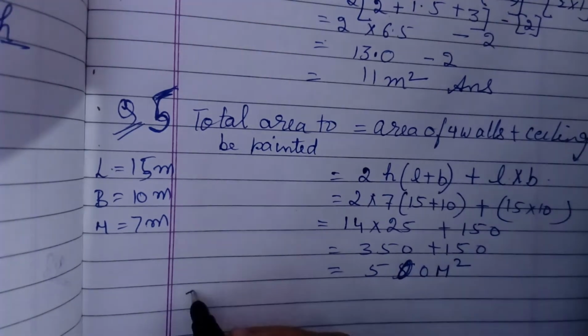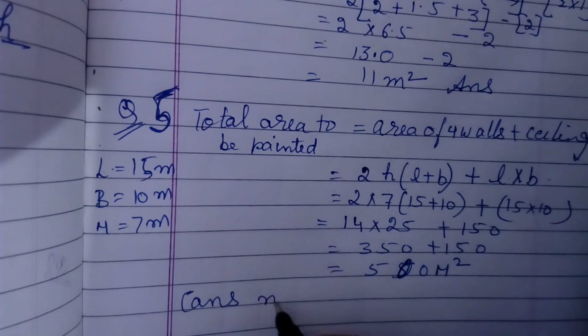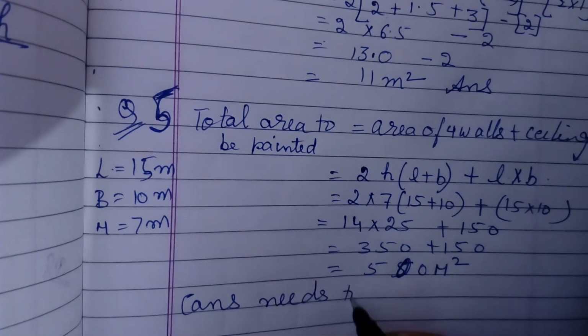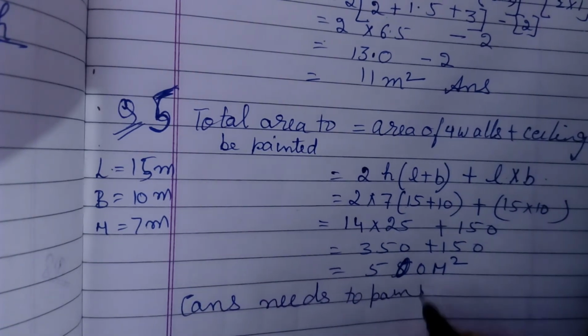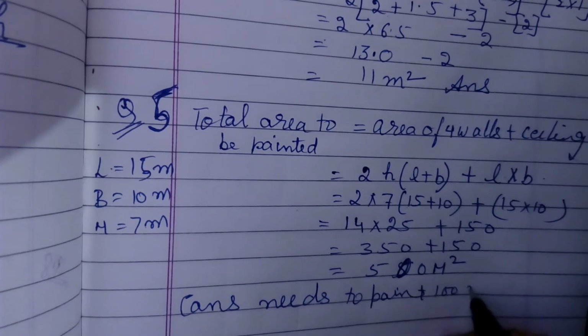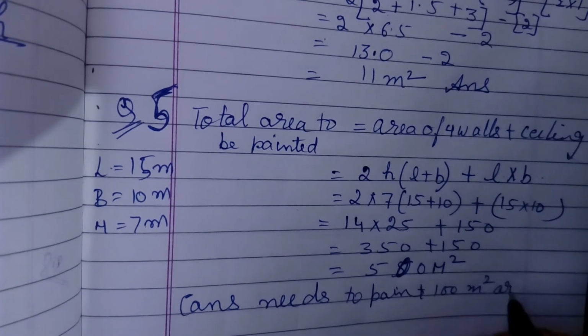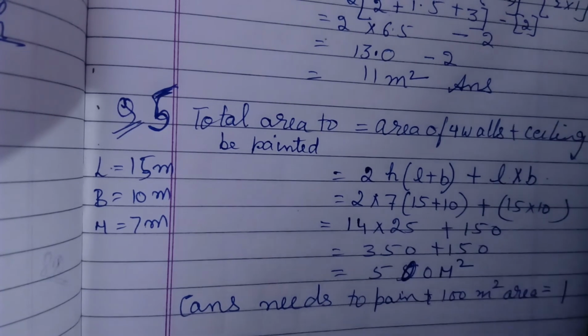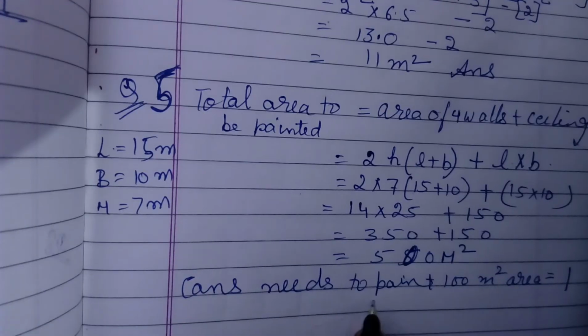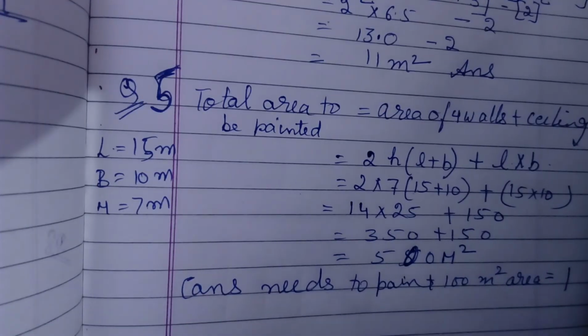Now, the cans needed to paint how much area? 100 meter square area is covered by 1 can. How many cans are needed to cover 100 meter square? 1.